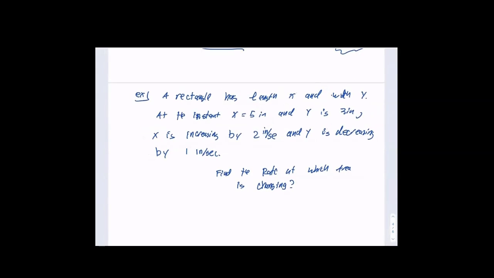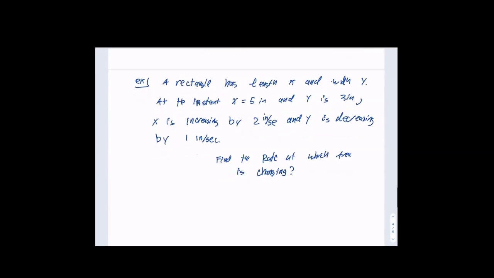So when I see this problem, the two things that stand out most importantly to me are, what is the shape? Rectangle. Next thing, I need to know which formula I'm going to have to use. What formula for a rectangle do I want to use?